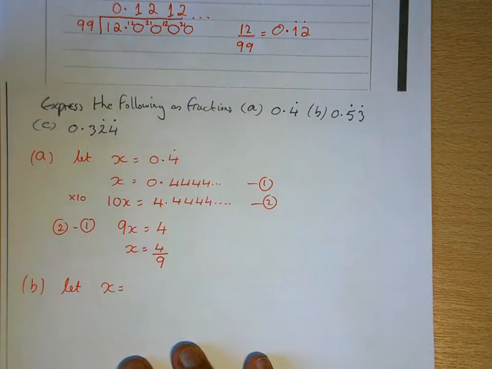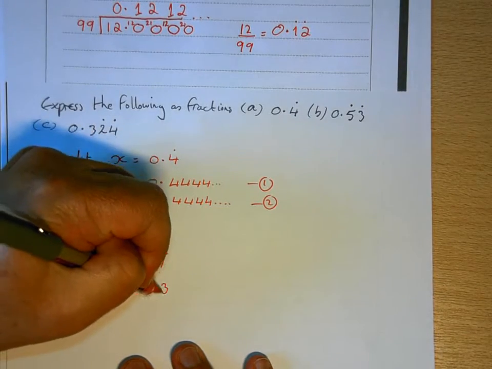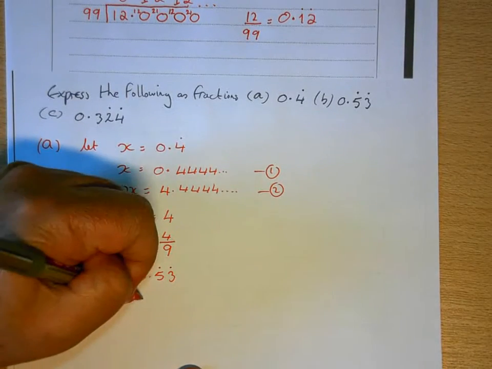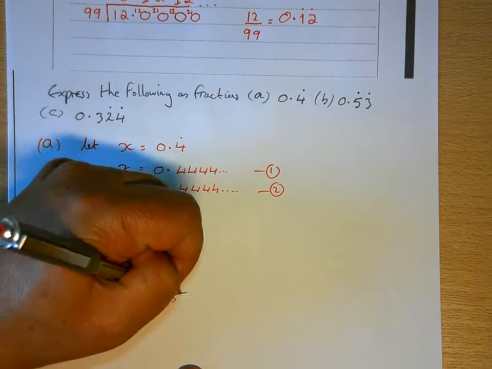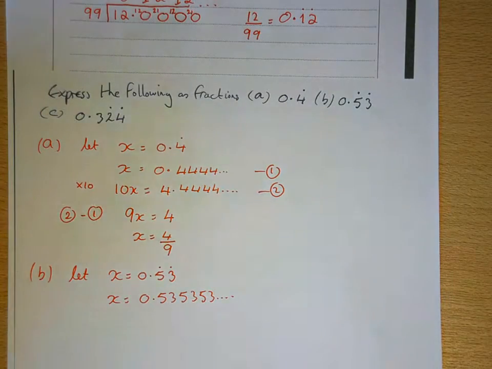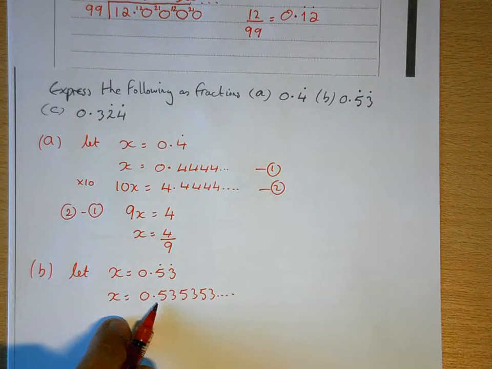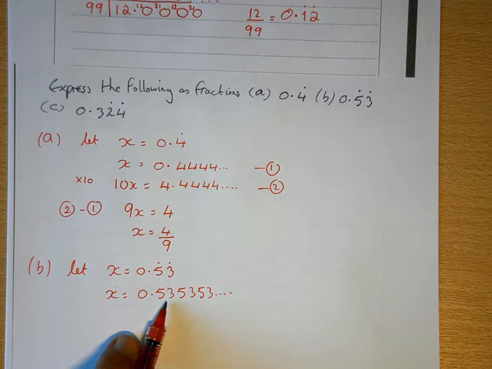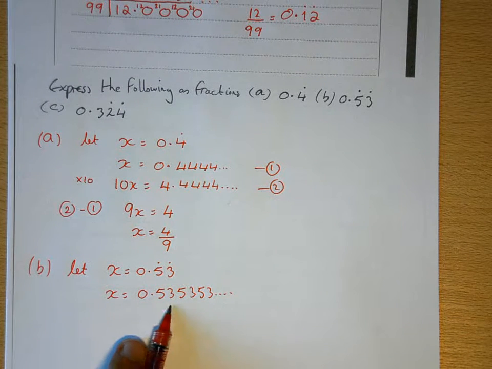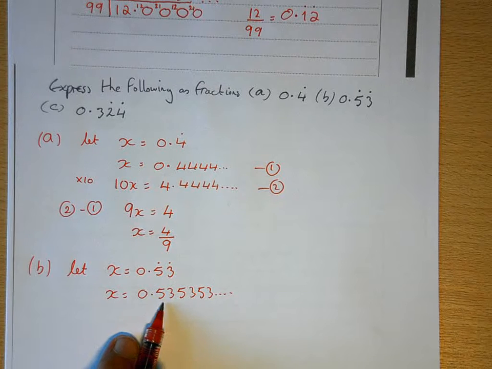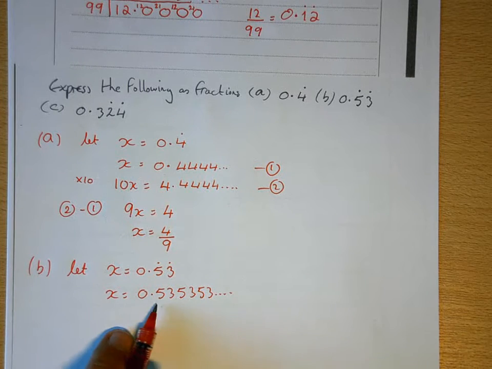If you take a look at the second one, we're going to let x now equal 0.53, where both of those are occurring. So what that means is we have 0.535353 on forever. Now if we just multiply that by 10, what will happen is that number will move one place value to the left, and we would have 5.35353.